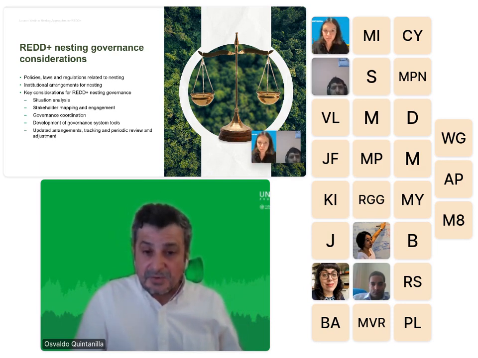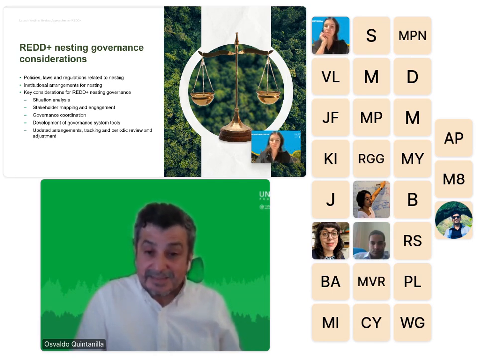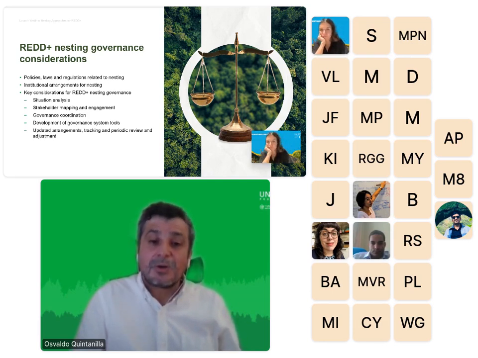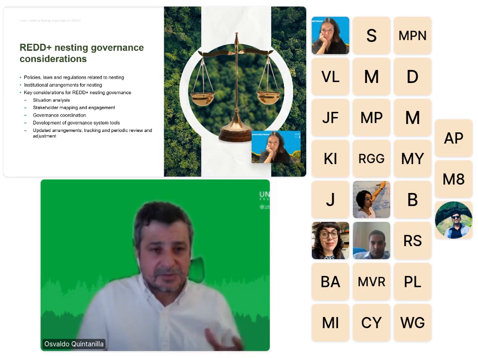The country is currently piloting its nesting system, and one of the main outcomes will be revised nesting guidelines that set out legal requirements for registration, baseline, and safeguard aspects associated with the implementation of the nesting. Also, Kenya is moving forward.